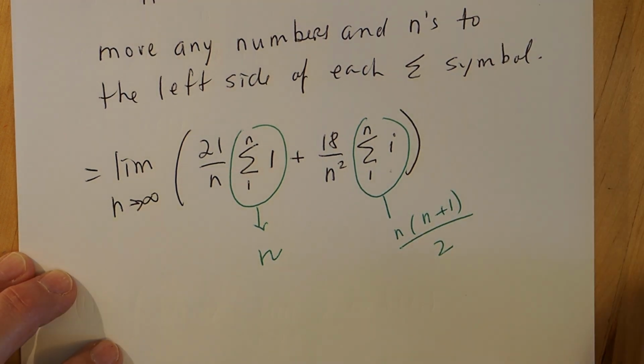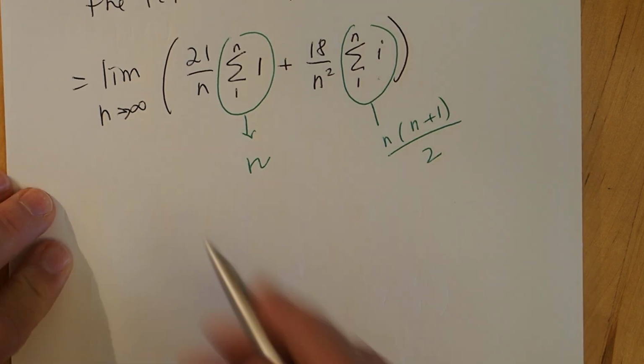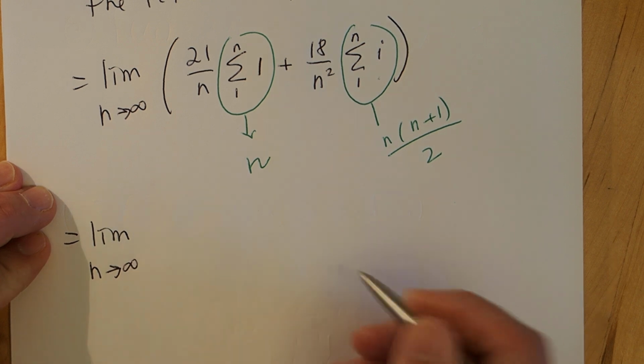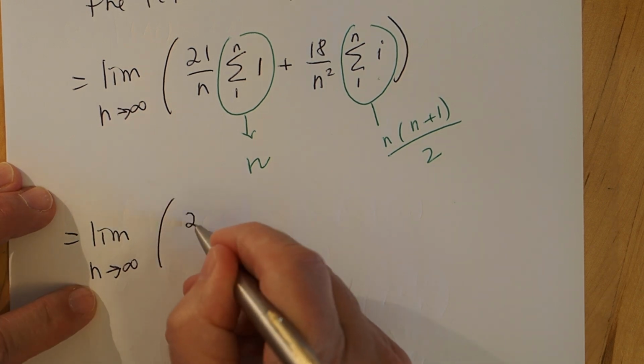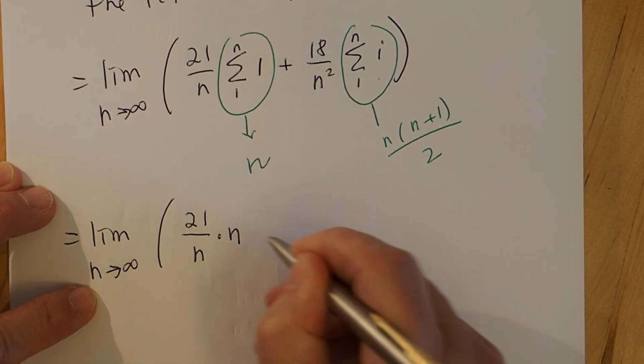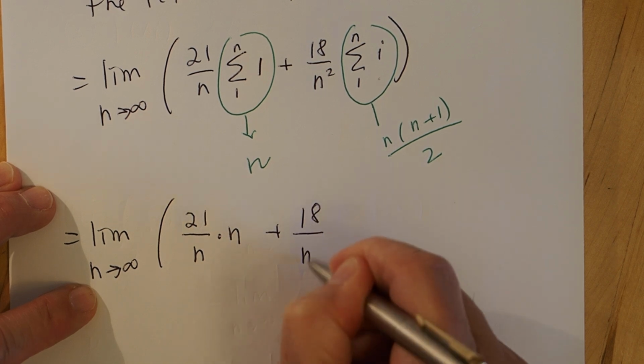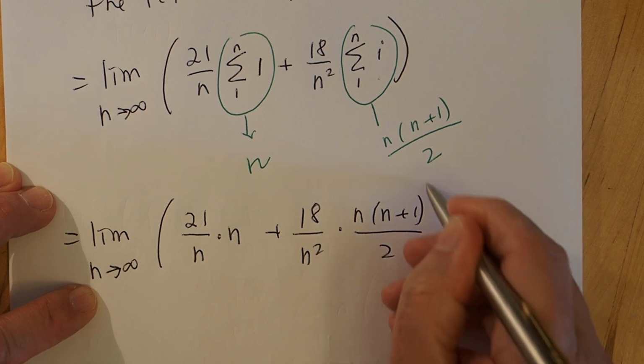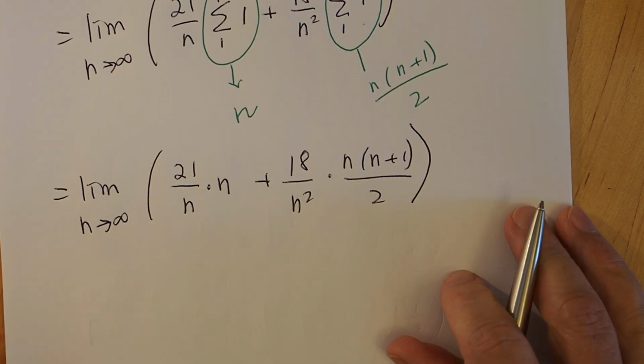So now the rest of it is fairly straightforward. That gives us this equals the limit as n approaches infinity of 21 over n times n plus 18 over n squared times n plus 1 over 2. Simplify.